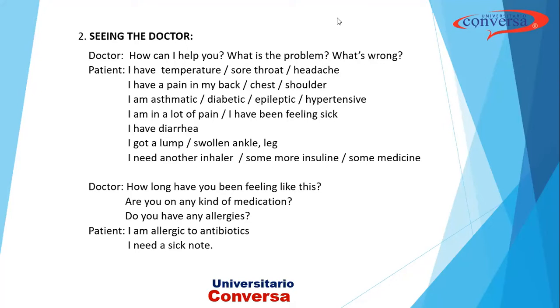Seeing the doctor. Doctor: How can I help you? What's the problem? What's wrong? Patient: I have a temperature, sore throat, headache, I have a pain in my back, chest, shoulder. I am asthmatic, diabetic, epileptic, hypertensive. I am in a lot of pain.